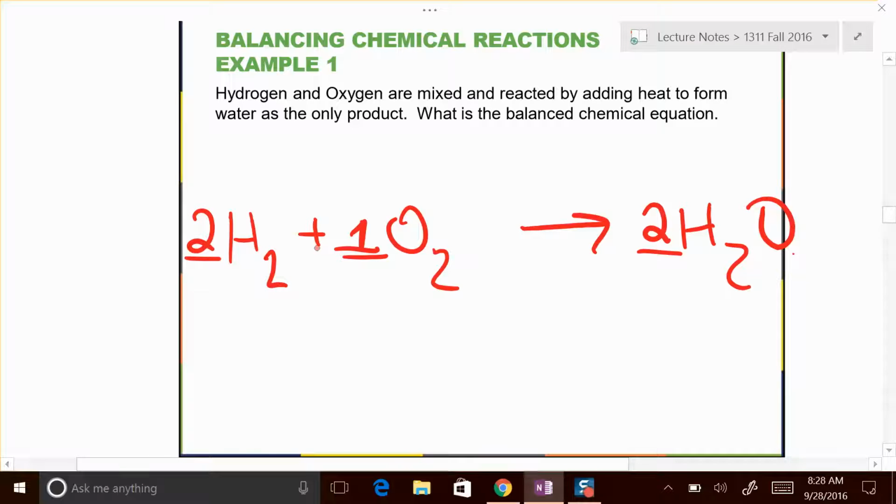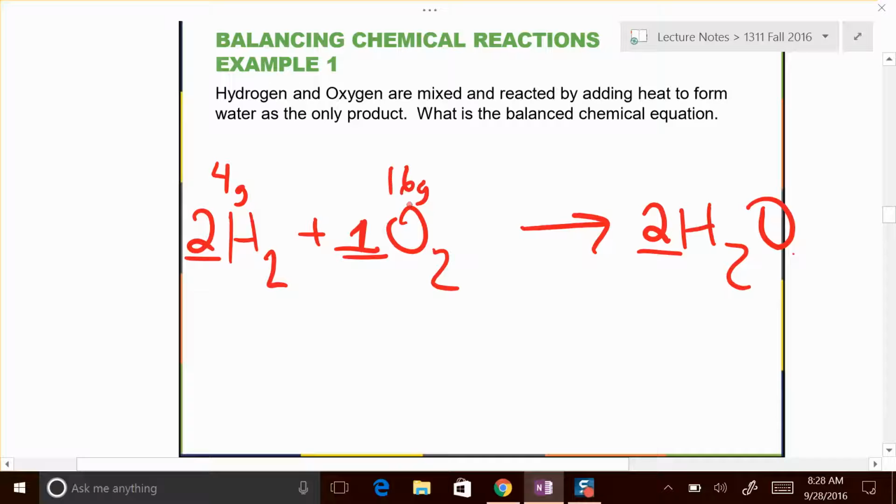Okay? These numbers are not in gram amounts. It's not 2 grams of hydrogen and 1 gram of oxygen that I'm reacting, right? That's not what I'm doing. This is in molecule or molar amounts. This is in mole amounts. 2 moles of hydrogen and 1 mole of oxygen. If it was in grams, this would be 4 grams of hydrogen and 16 grams of oxygen.